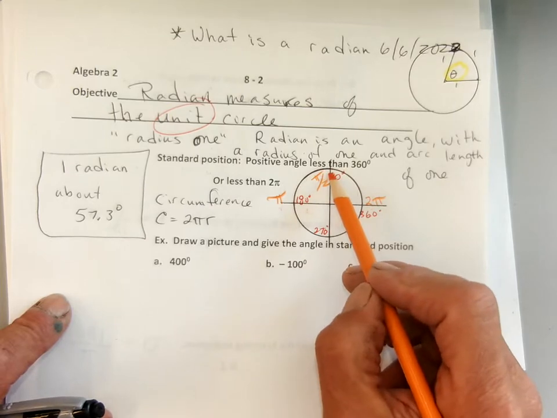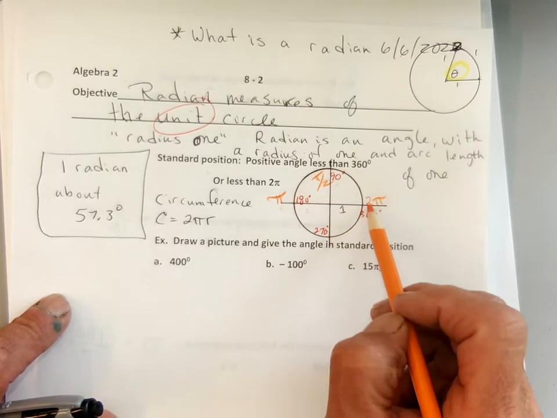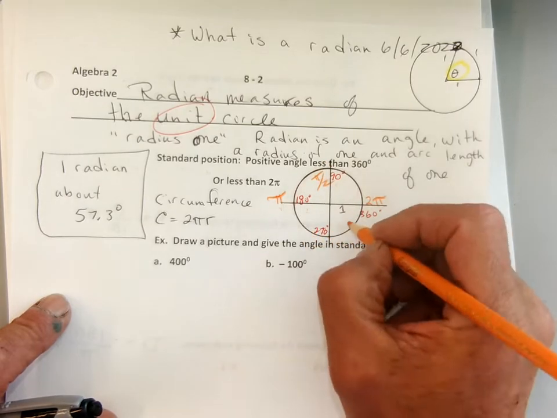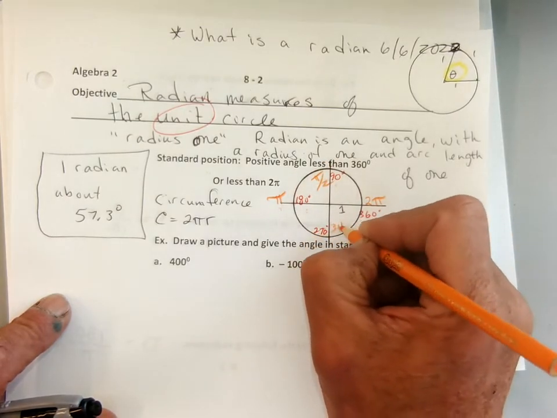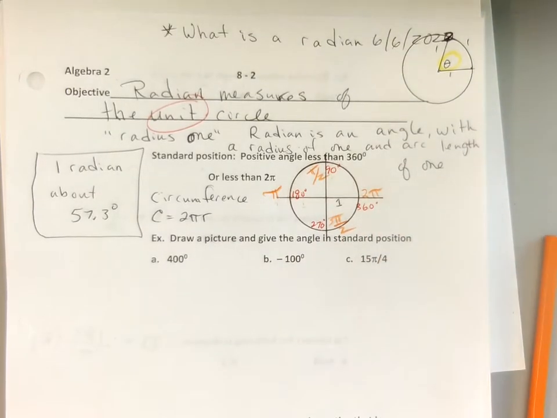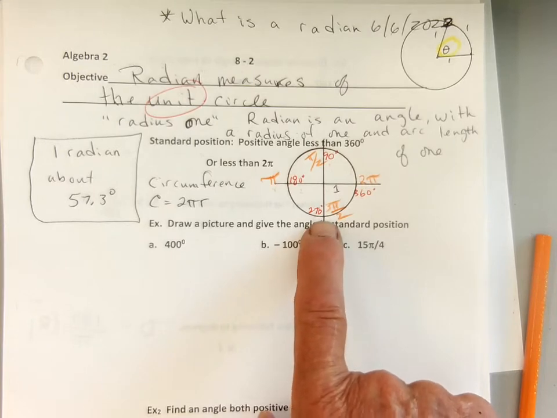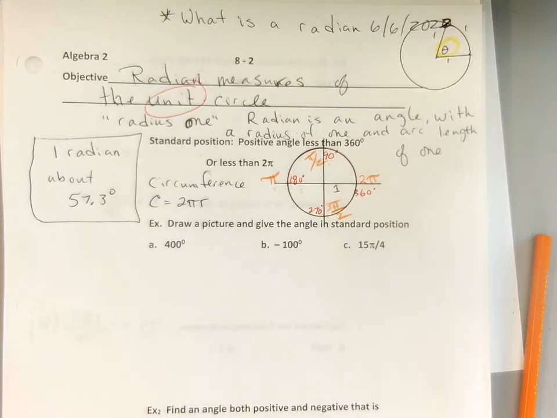Same angle, different names. 90 degrees, pi halves. 270 degrees turns out to be 3 pi halves, okay? Same angle, different name. How am I doing so far? Just remember, radians are angles. They're just a different way of describing it, okay?